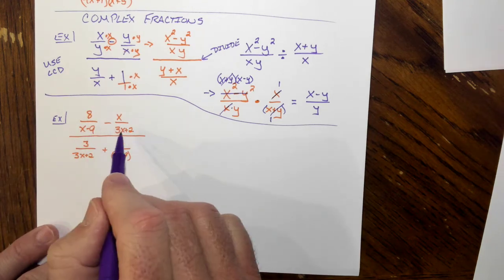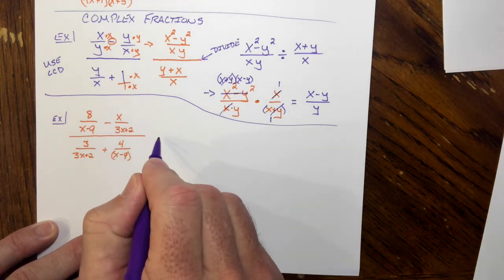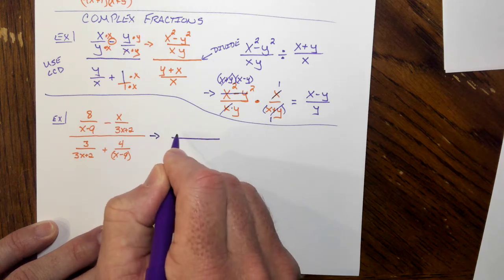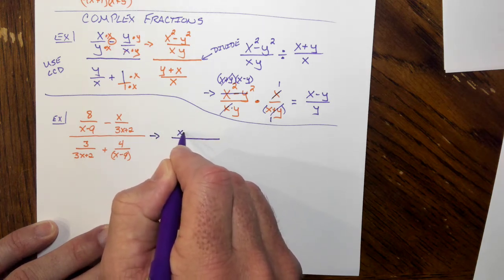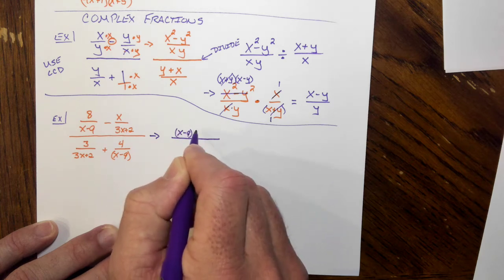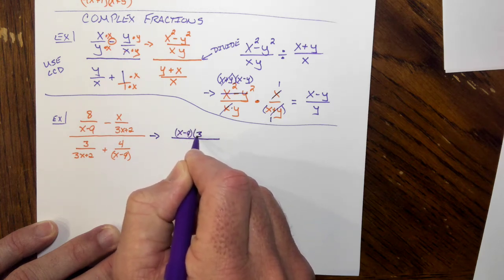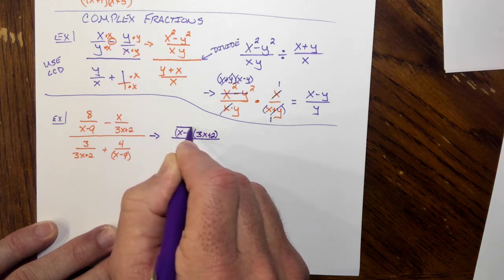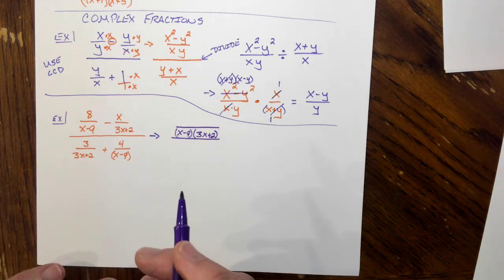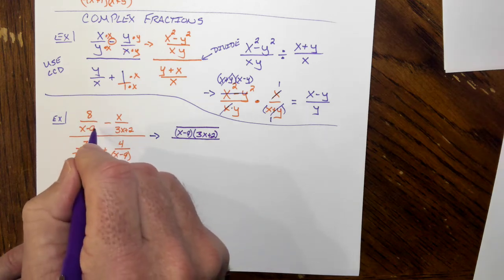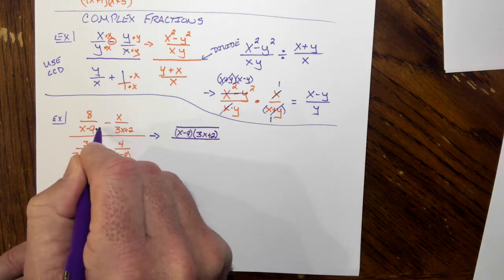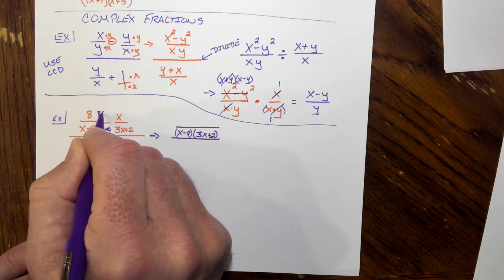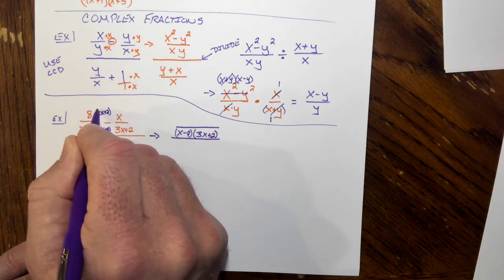So our LCD up here is going to be the x minus 9 and the 3x plus 2. How do we get there? Well, got to multiply that by 3x plus 2 and a 3x plus 2 there.